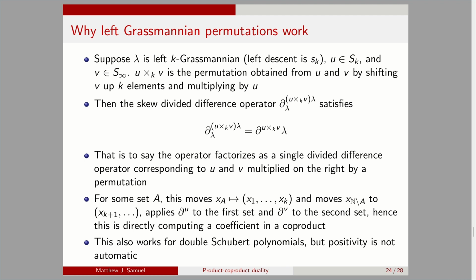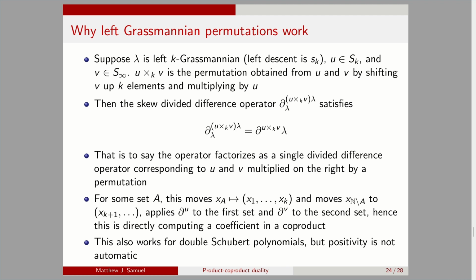Lambda moves, for some set A, x sub A to x1 through xk, and it moves the complementary indices to x_{k+1} through infinity. And then this skew divided difference operator applies partial u to x1 through xk and partial v to x_{k+1} through infinity. So hence this is directly computing a coefficient in a coproduct.